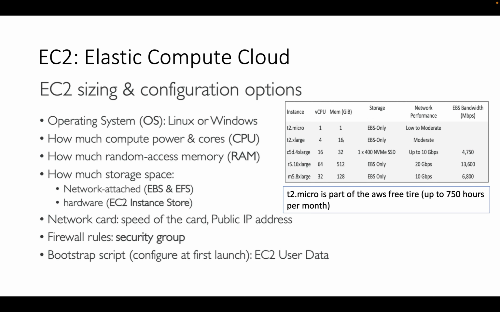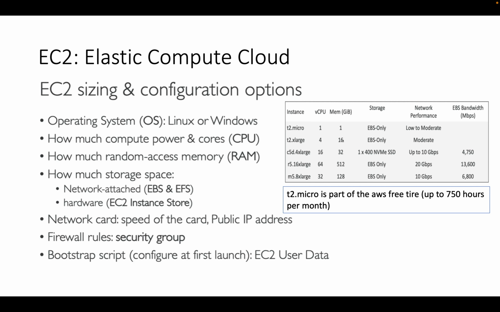For example, I want a server running Linux, for example Ubuntu, with two vCPU, two cores, and 8 gigabytes of memory for that server, and I want storage of maybe 30 or 80 gigabytes for my server instance.